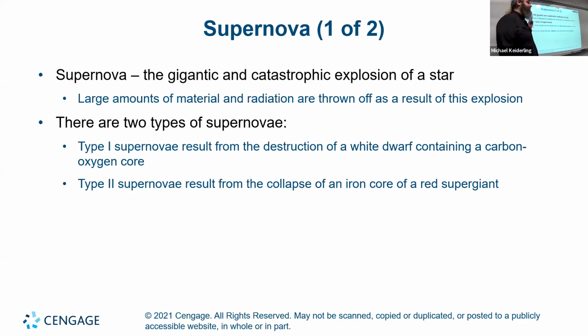Type 1 supernovae occur when a white dwarf, which we talked about can accumulate matter and undergo novae, gets enough matter on it to become larger than the Chandrasekhar limit. It collapses and heats up and gets hot enough that the carbon and oxygen it's made of will fuse, and the whole thing goes off like a bomb, and nothing remains.